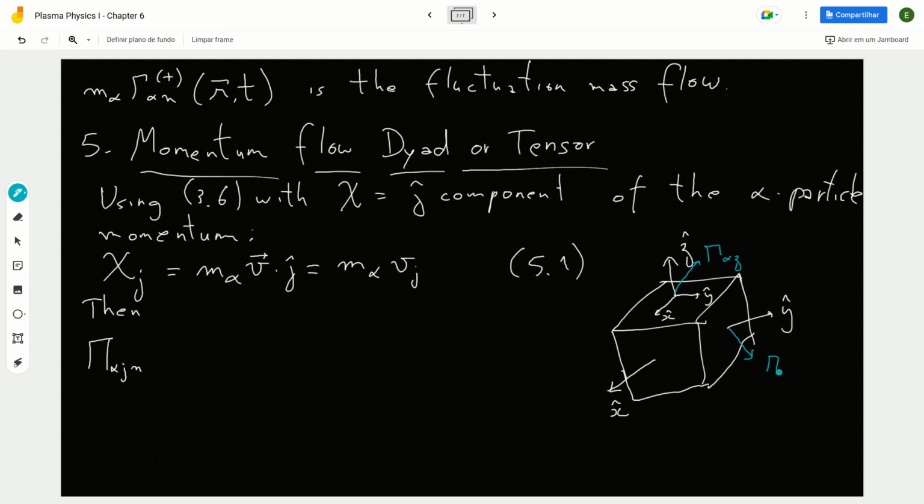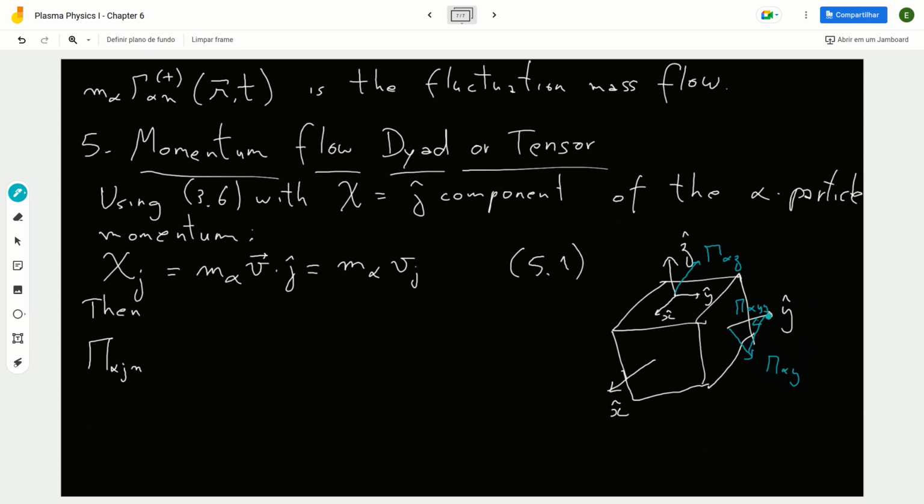So you have here, all right, and you may project it onto this normal direction, and here you would have the gamma alpha yy. Usually we don't use the hat here, just the letter. So this is gamma alpha yy, which is the component of this vector flow gamma alpha in the direction y.